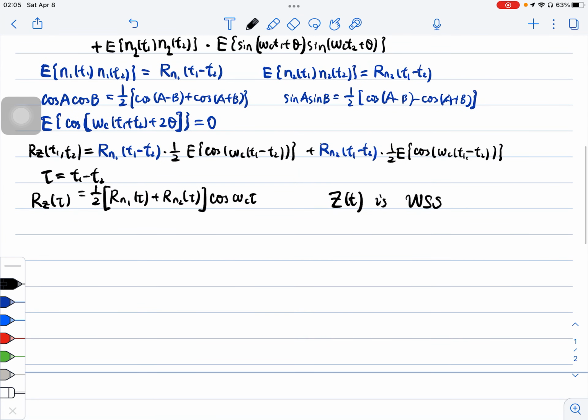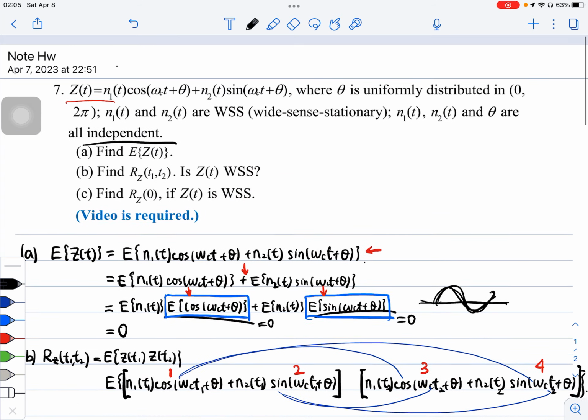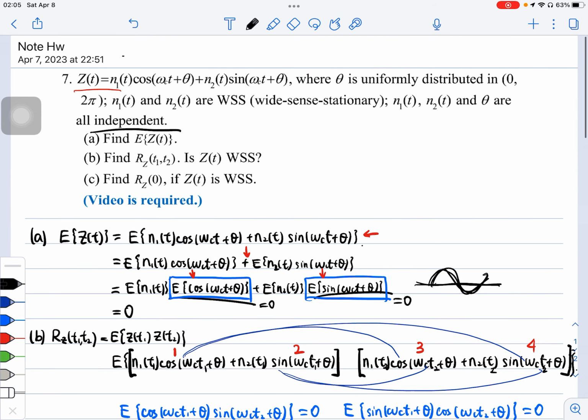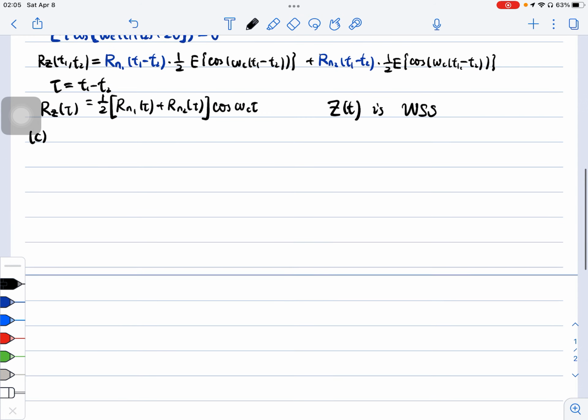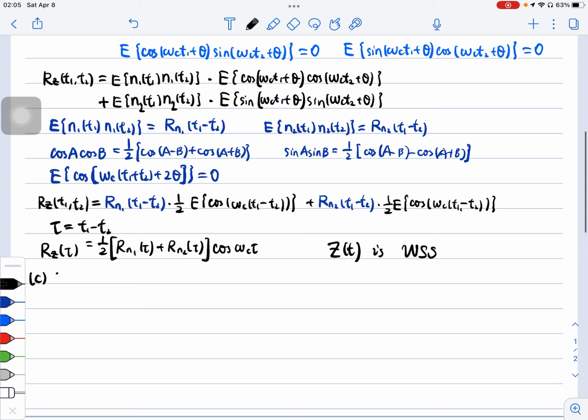Then we consider part C. Find Rz(0) if Z(t) is WSS. So we just let tau equal 0, and the cosine is 1, so we can just ignore it.